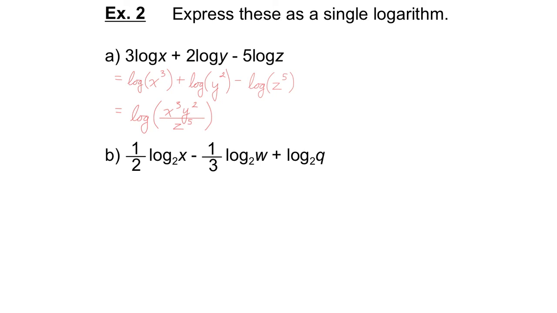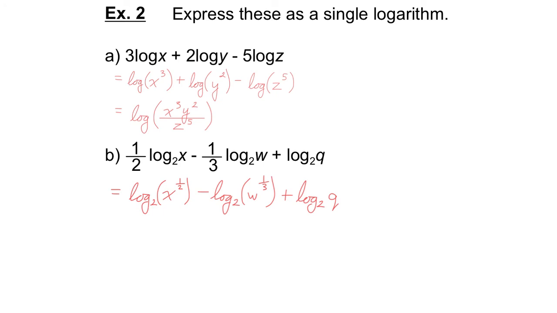This last one, log base 2, log base 2, log base 2. Because all the logarithms have the same base, then I can simplify them into a single logarithm. We're going to do the same thing as we did before. The coefficients become the exponents. And then whether we're subtracting or adding, that tells us whether we're multiplying or dividing these numbers.